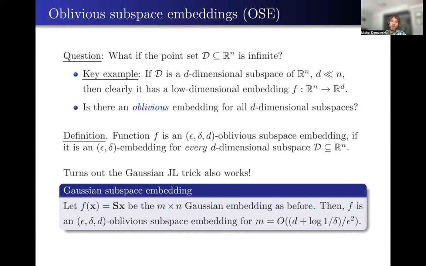A Gaussian matrix S, an M by N matrix, will be an epsilon delta d oblivious subspace embedding, or OSE, for the embedding dimension, which is the dimension that we reduce down to, when M is big O of roughly d over epsilon squared, with some dependence on the failure probability delta. So it's of the order of d, which makes sense, and then we also have to pay for how accurate the embedding has to be.